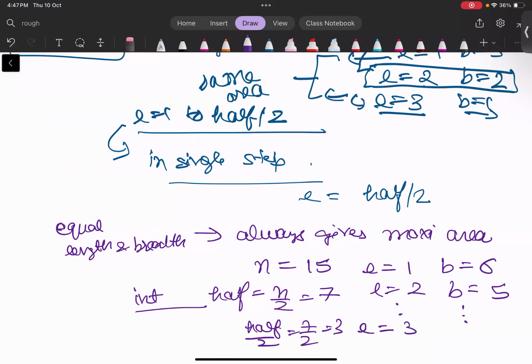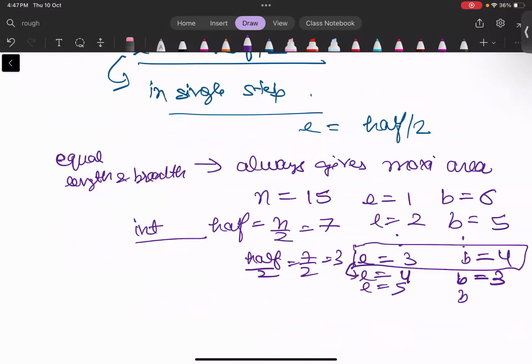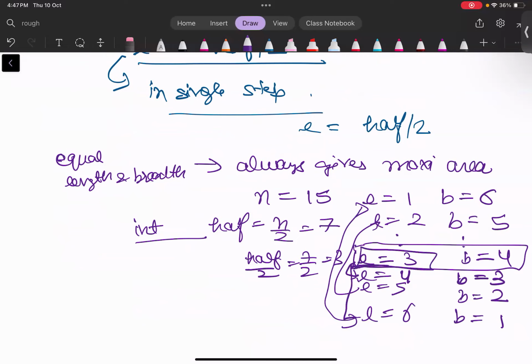When L is 3, B is 4. When L is 4, B is 3. It gives the same area. L equal to 5, B becomes 2, which gives the same. L equal to 6, B is 1. This gives the same. So there is no need to go after half. So we basically take the highest value of length and breadth so that we can generate the maximum area.